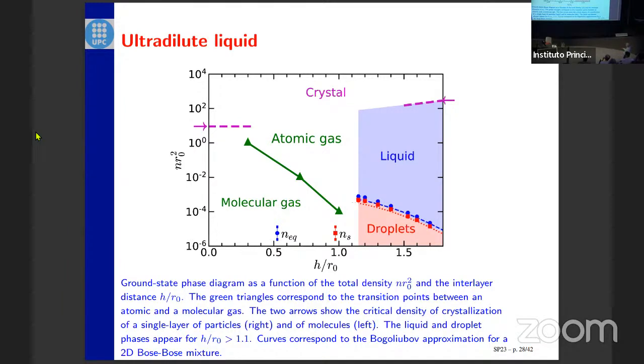So we have here the formation of droplets, but then at a given density, it appears clearly liquid. Our idea is that this could be an alternative to the drops in the Bose case announced by Petrov, in which you have two bosons, A and B, with an attractive interaction between them, and finally form a liquid.